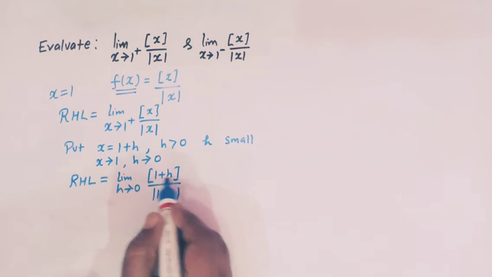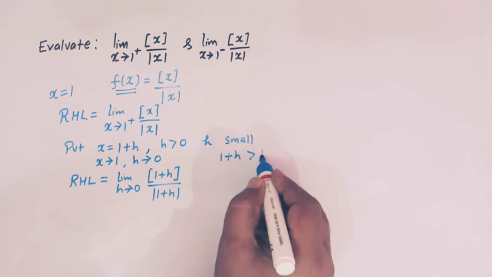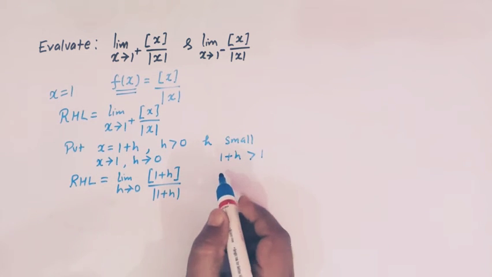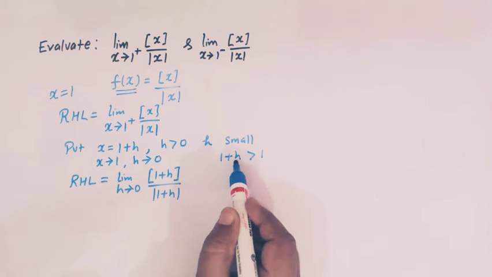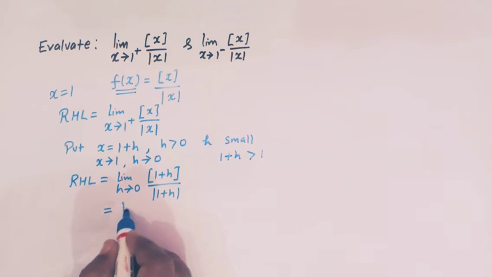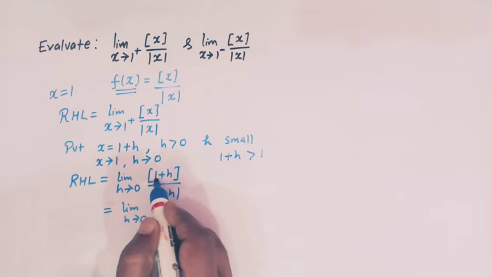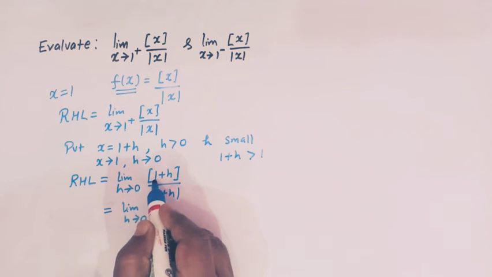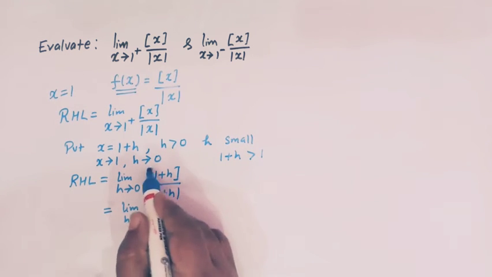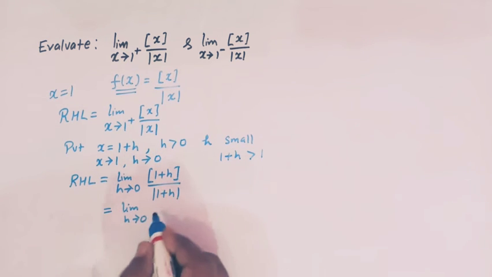So 1 plus h is always greater than 1, in other words slightly greater than 1. Here we use the definition of the greatest integer function, which says that the greatest integer of 1 plus h is equal to 1.